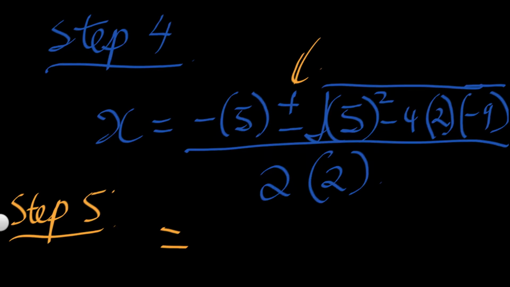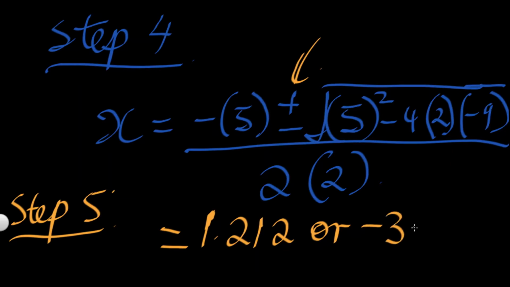My answer to 3 decimal places is 1.212. This is the first answer using plus. Then I go back to my calculator, I just remove the plus and I replace it with minus. Press equal sign, I get my second answer, which is minus 3.712.